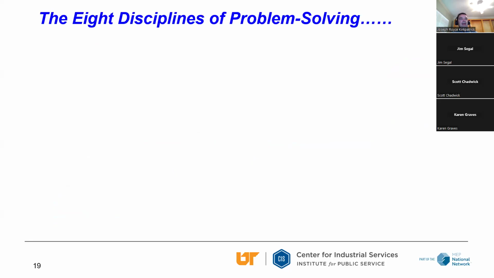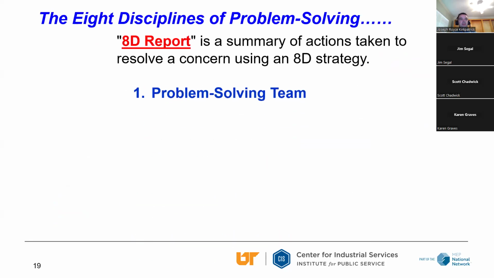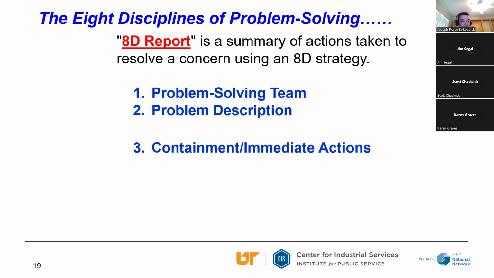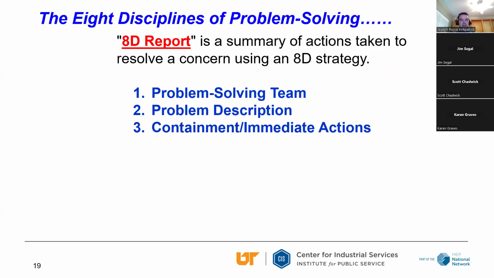And I'm going to skip through a few of these, but the summary of the 8D is we have a problem-solving team. Again, you've got to have a cross-functional team, not just one person. You need to have a good problem description that defines what the problem is clearly. We should do containment, immediate actions.